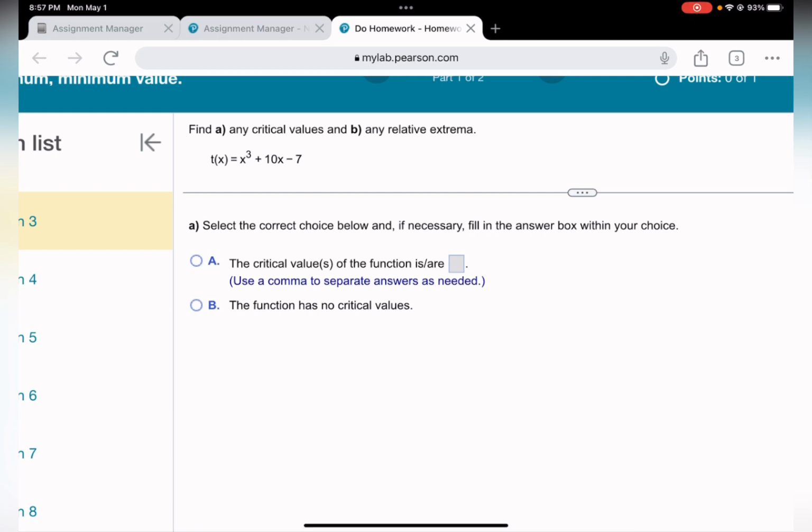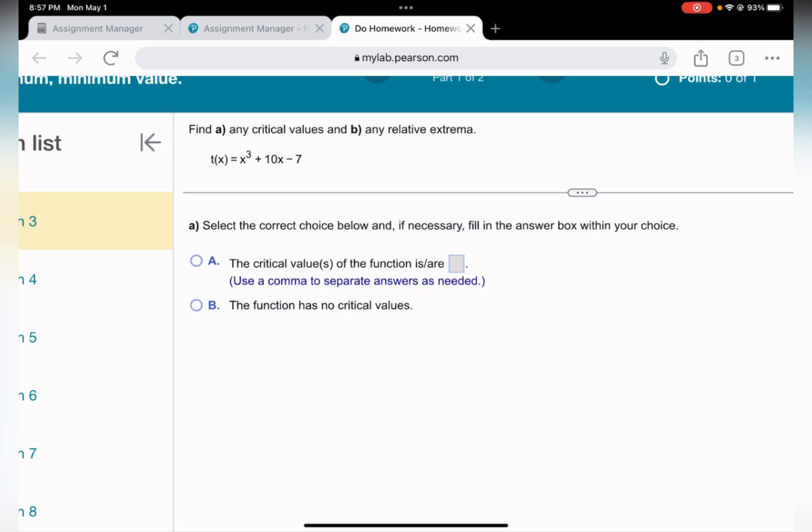So here again we have to find the critical value and any relative extrema. Let's try to work it out again real quick. It's going to be easier this time, right? Okay.